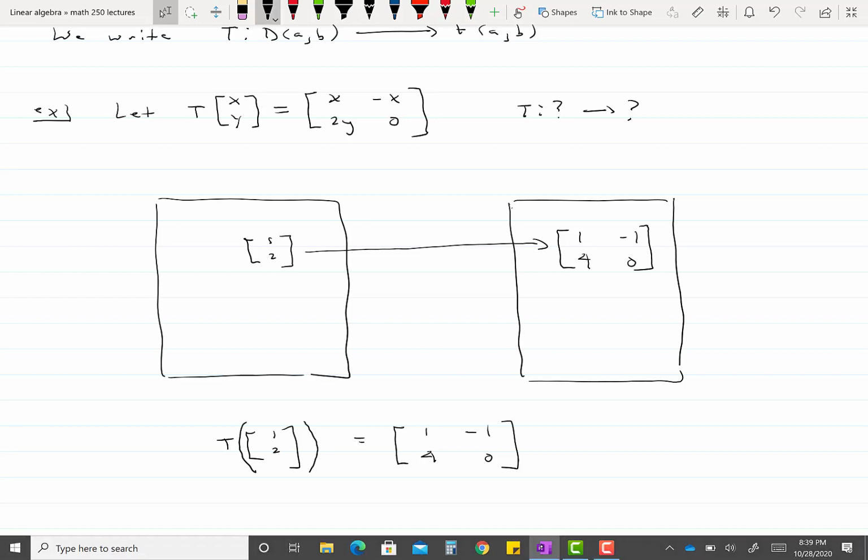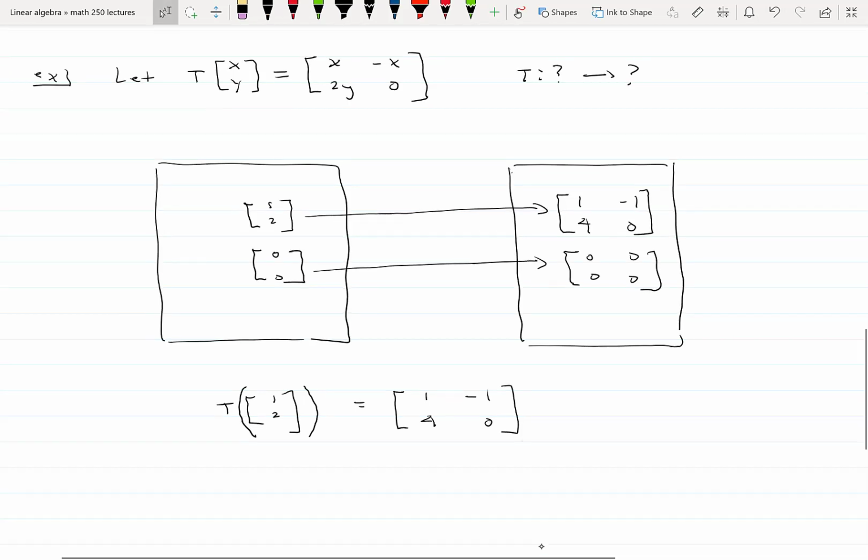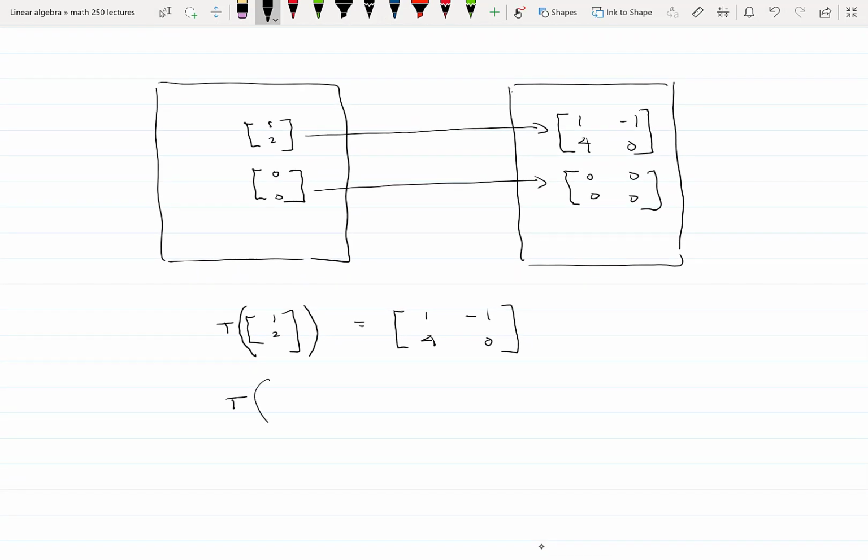So what does T take the 0 vector in this first vector space into? It takes it into 0, the opposite of 0, 2 times 0, and then 0. So we would write T takes the column vector (0, 0) and turns it into the matrix (0, 0, 0, 0).